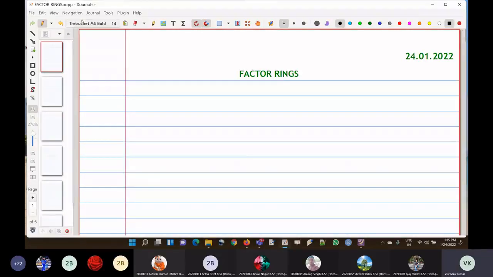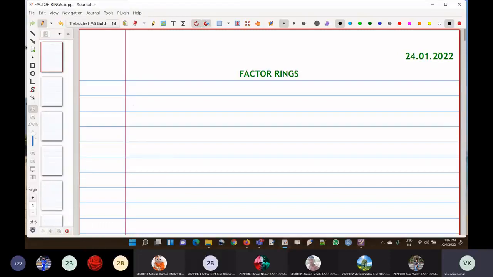So if we have been asked to find the maximal ideal of Z8, we may try to find what the ideals are, then find the sequence of ideals, and then we can get the maximal ideal. But there are some things which make life easy.